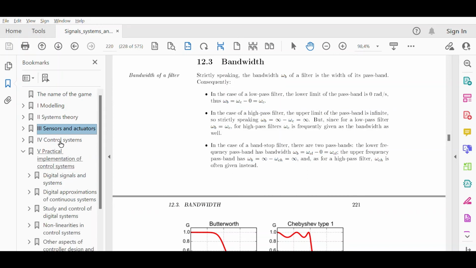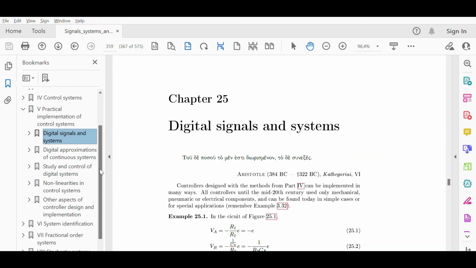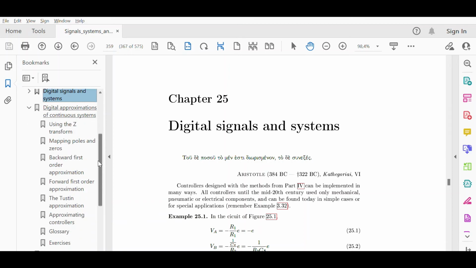Finally, you should know something about digital signals and systems. That's chapter 25. In chapter 26, you should also know what these approximations between the S and the Z planes are.